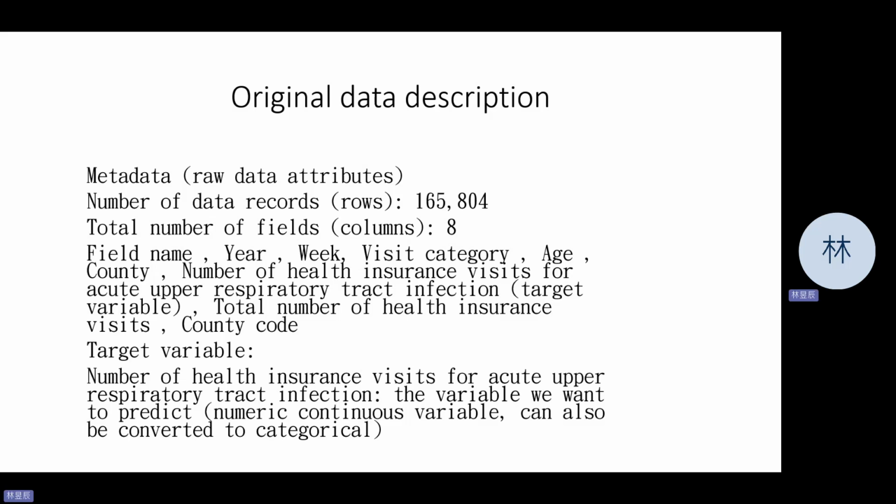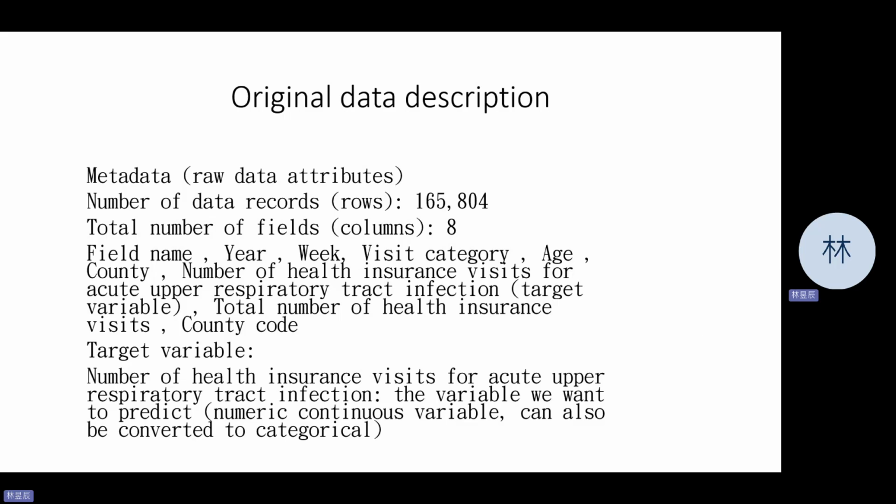Metadata. Number of data records is 165,804, and the total number of files is 8. The fields are year, week, visit category, age, county, number of health insurance visits for acute upper respiratory tract infection, the total number of health insurance visits, and the county code.